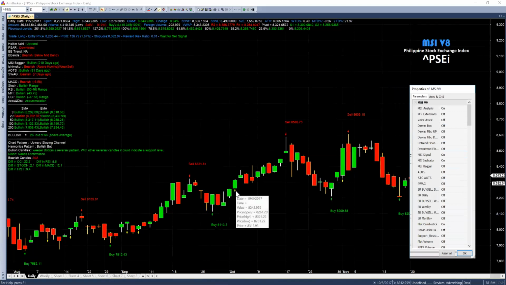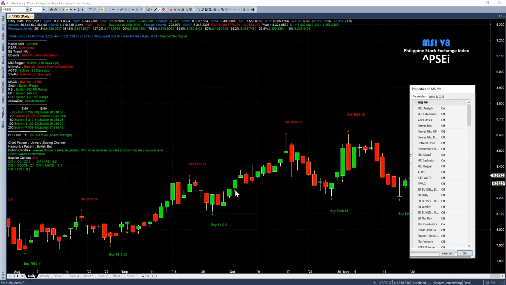Basically, yung MSI indicator natin is an earlier signal on about to cross MACD. Okay, so pinalitan ko lang yung settings ng MACD para makaposition tayo earlier before the MACD cross. As we all know, yung MACD is a lagging indicator.